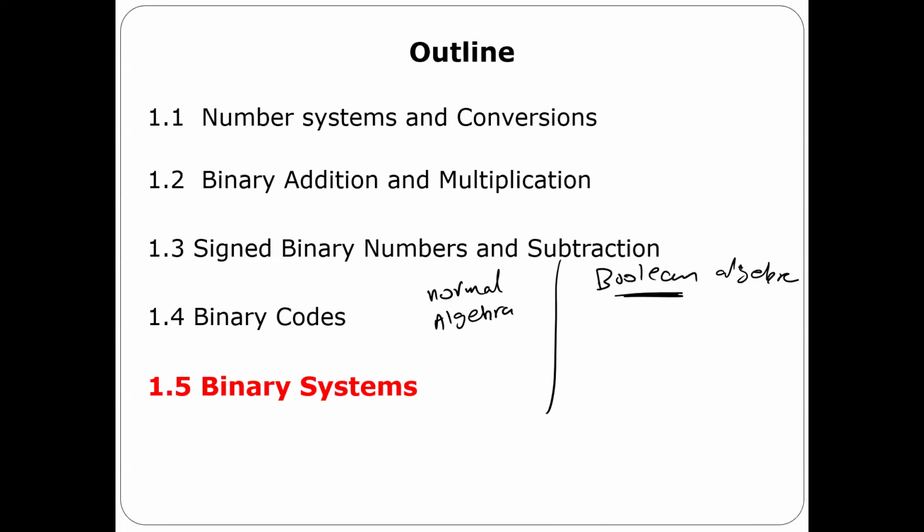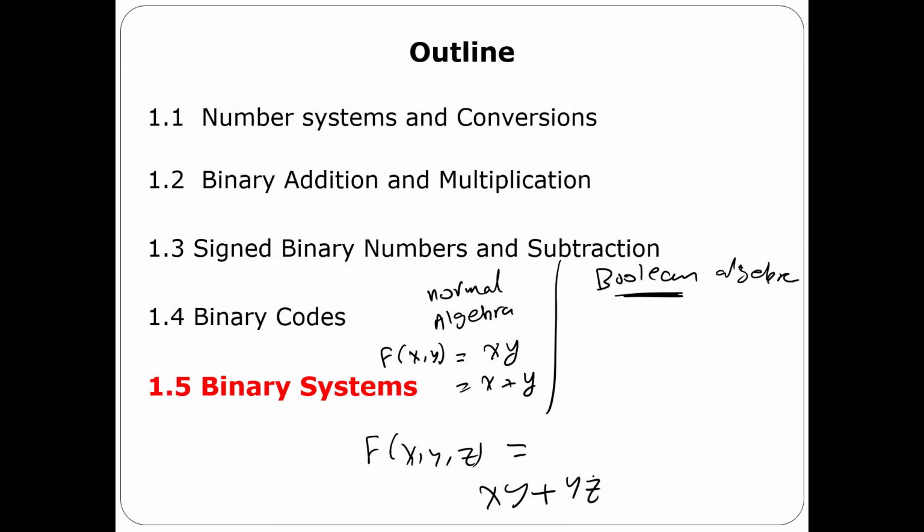So in normal algebra, you can have a function, for example, I can say f of x and y, a function in x, y, equal xy or equal x plus y. I can have a function f of x, y, and z, for example xy plus yz.